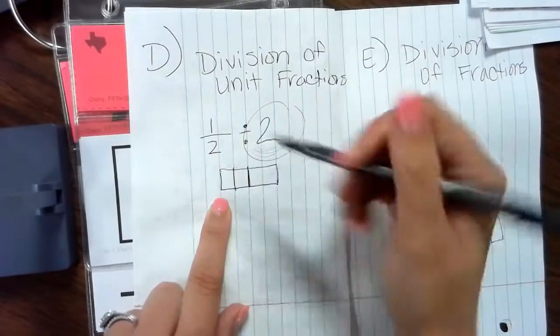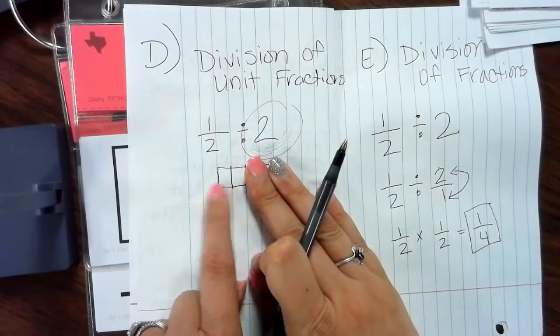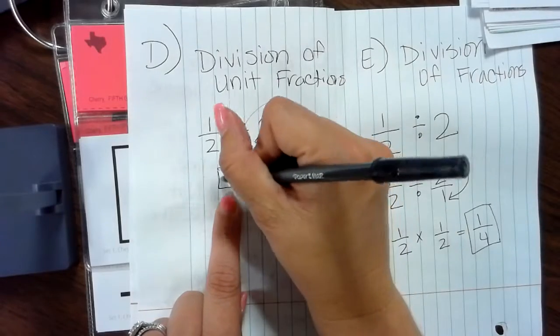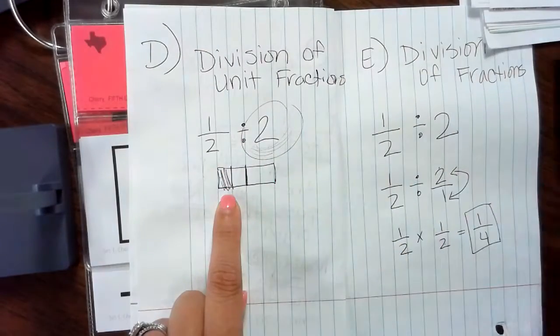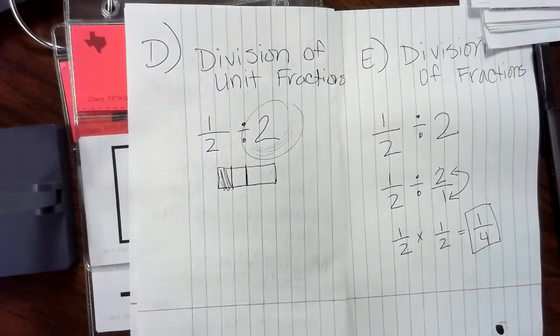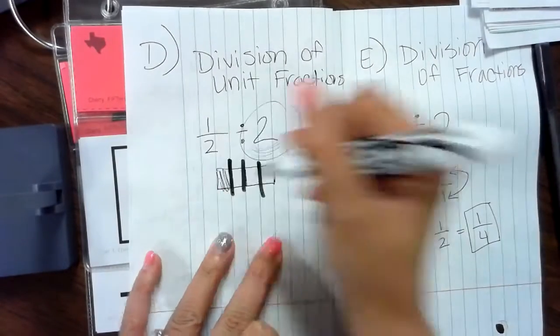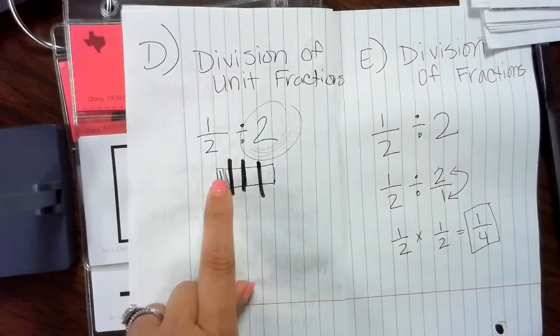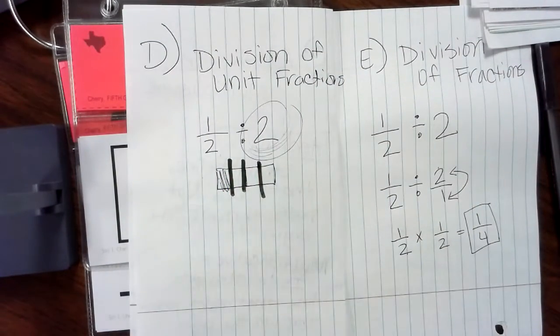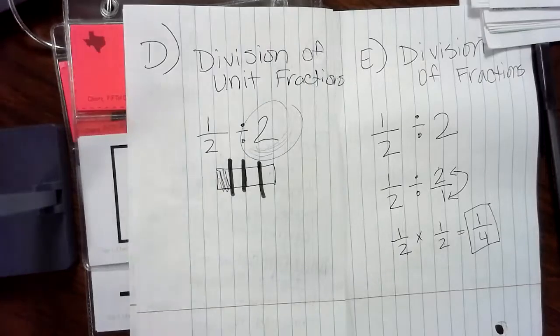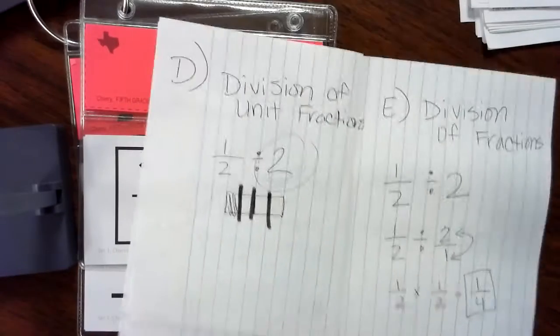But so half of this would be one of them, right? Well, if I would have originally done equal sections, I would end up with 1 out of 4, 1/4. Okay, so that takes care of E.